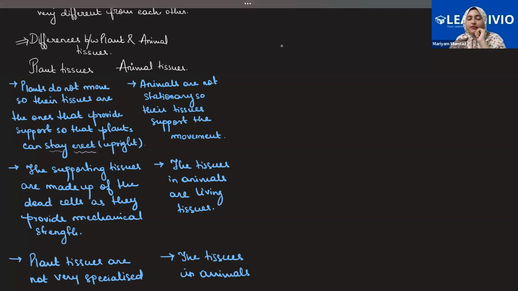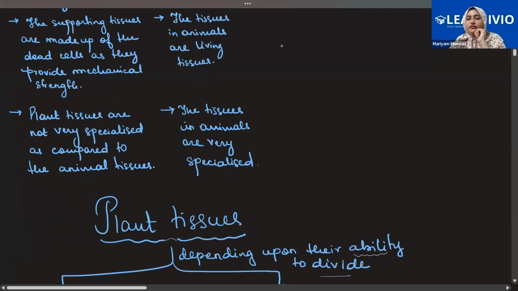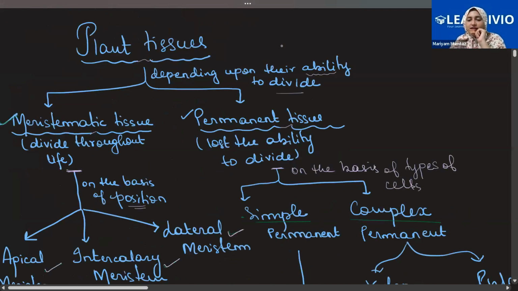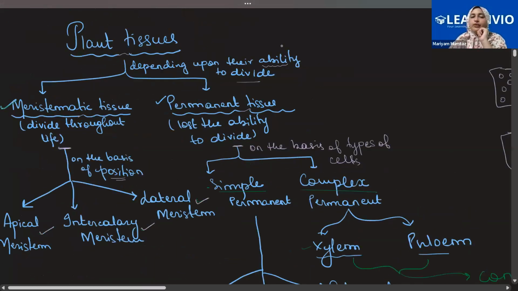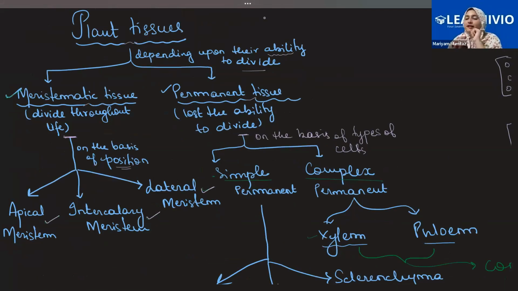Today we're going to talk about the variety of plant tissues. Whenever we divide something, there has to be some basis for our division, some criteria.